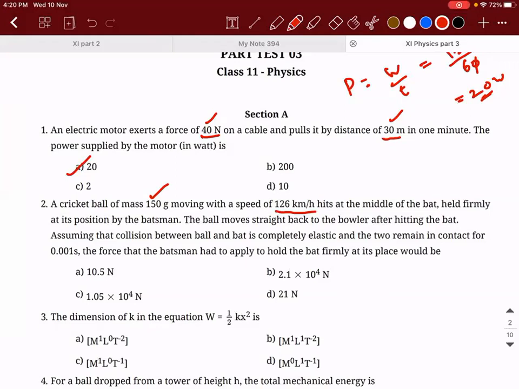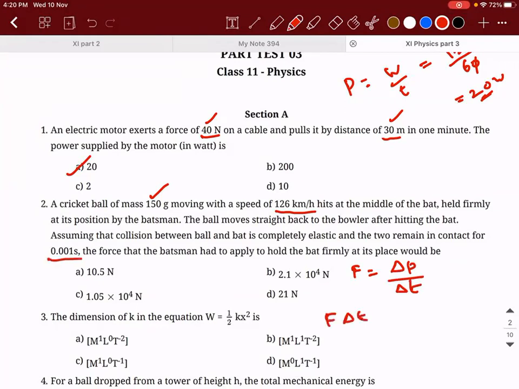How did you guys solve it? Right. What is the basic definition of force? Force is equal to rate of change of linear momentum. I'm bringing this concept because time is involved in this question.